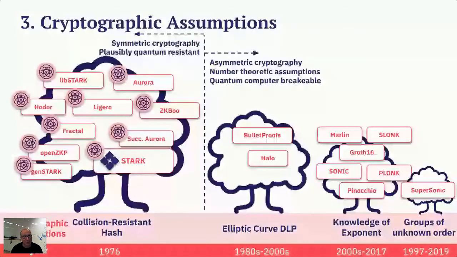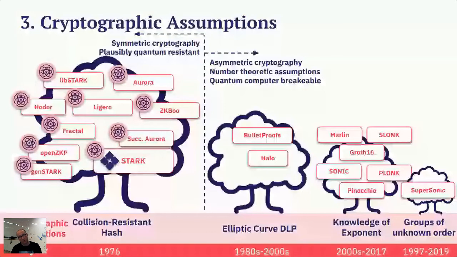A big differentiating factor with respect to cryptography and post-quantum security is that the leftmost tree only requires collision-resistant hashes in order to be instantiated, and basically relies on symmetric cryptography. So we sometimes talk about the STARK version there as being a symmetric STARK, meaning a STARK requiring only symmetric cryptography.